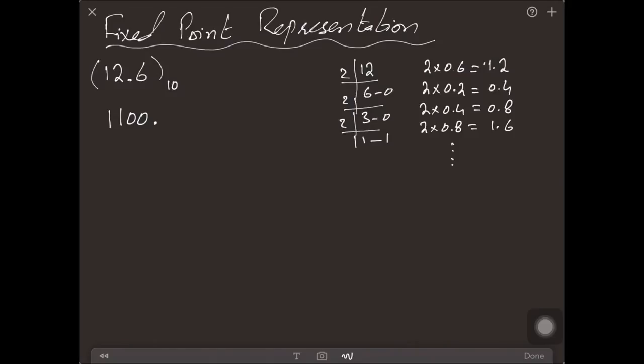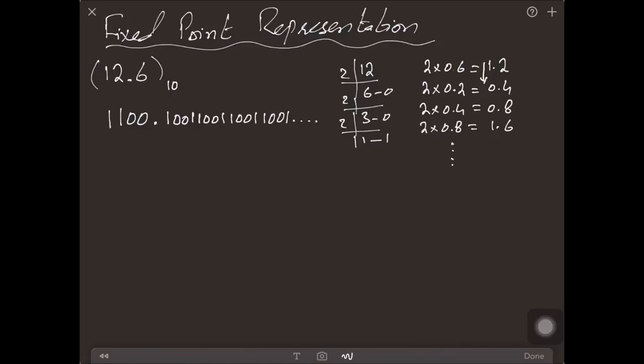We take these digits in this fashion, and this is 1001, and if you continue this, you will see that it follows this pattern: 1 0 0 1 1 0 0 1 1 0 0 1, and so on.